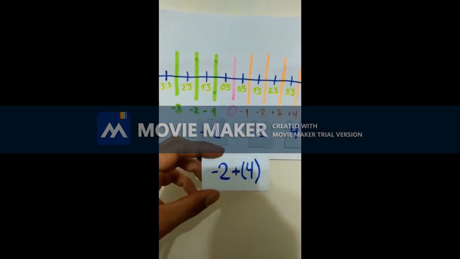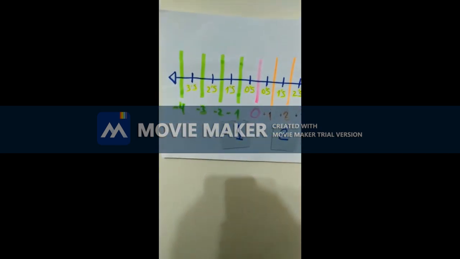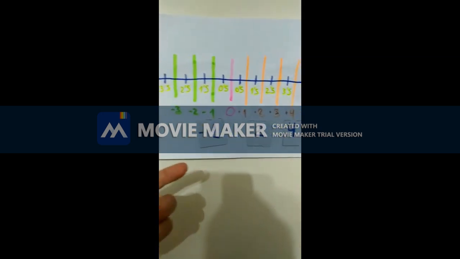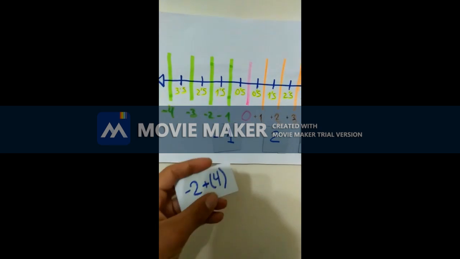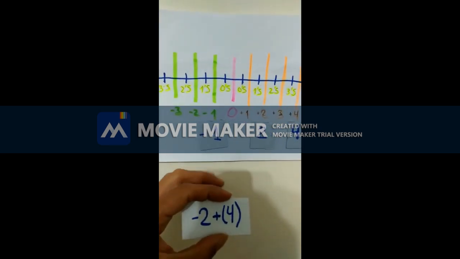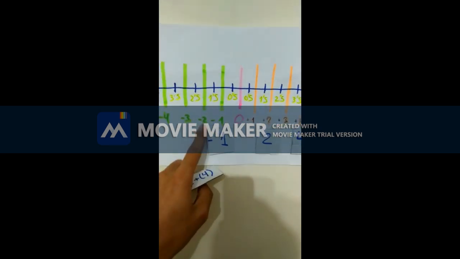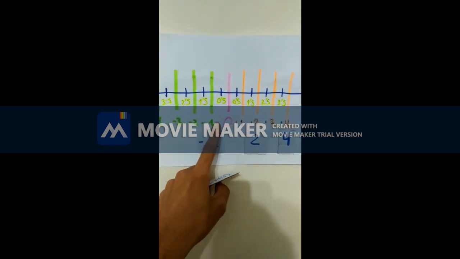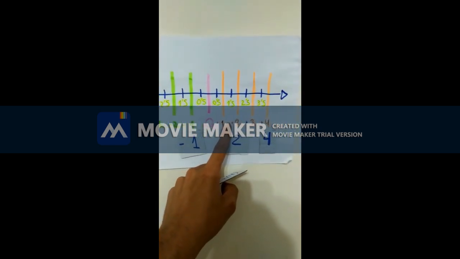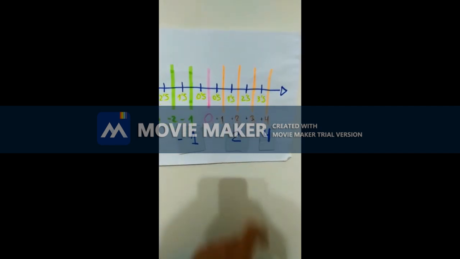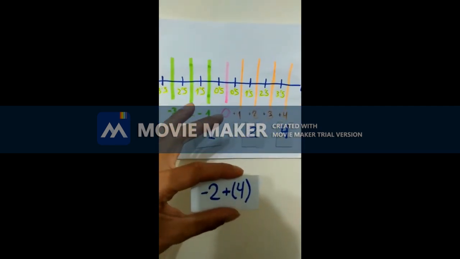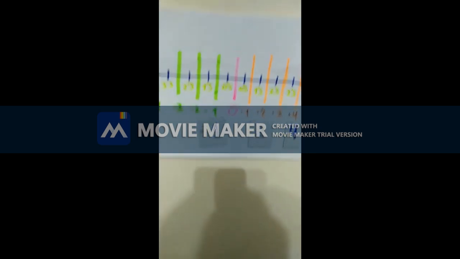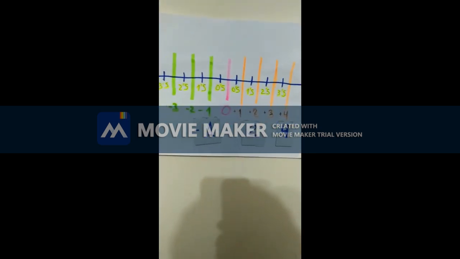So now we have to go to the -2 point, and then we have to add 4 positive points. So remember, we are here. Now we have to add 4 points. 1, 2, 3, and 4. Right. So the result of that operation is +2, or natural 2, or the simple 2.